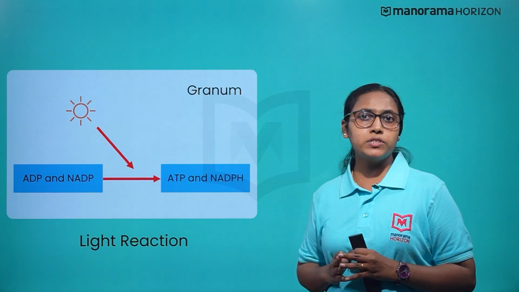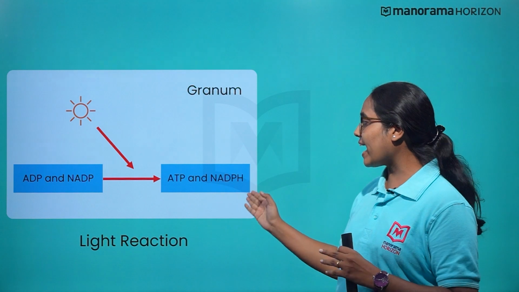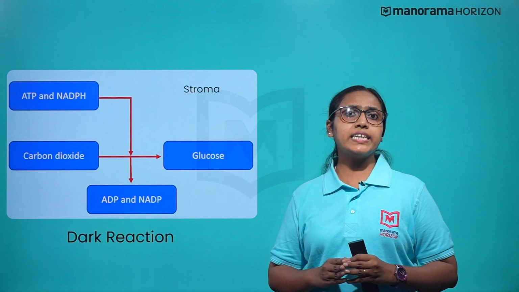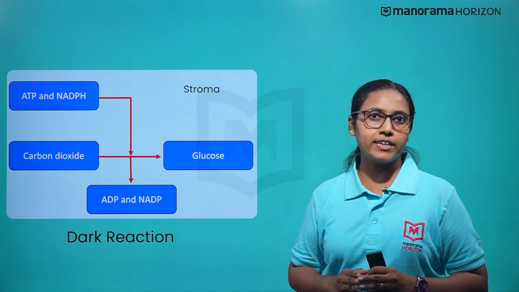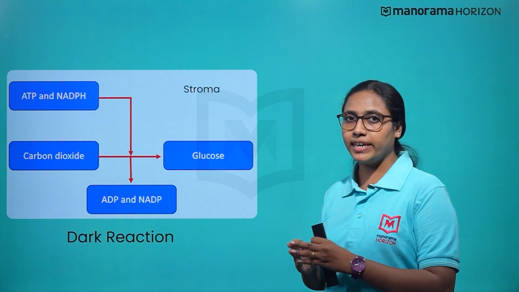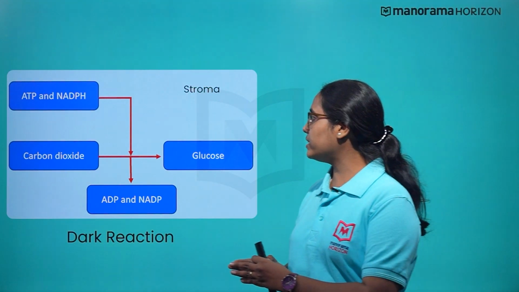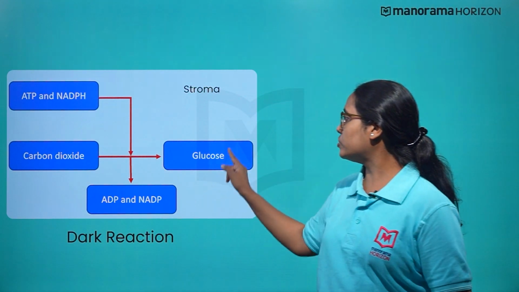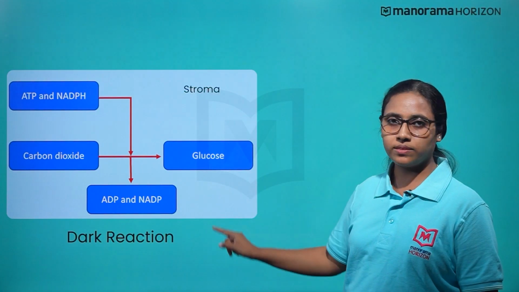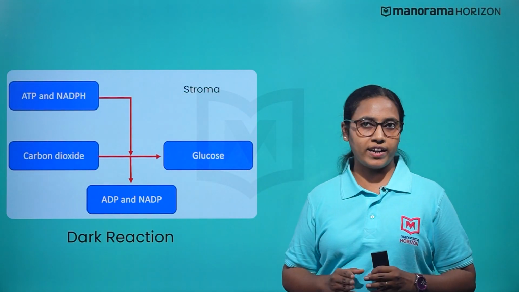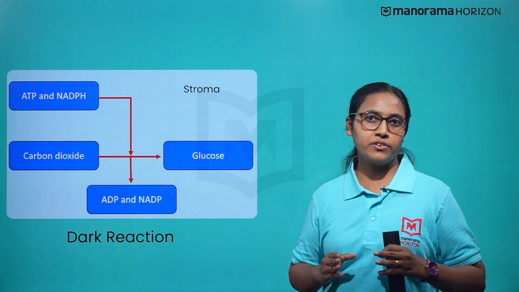So what happens to these ATPs and NADPH produced in the grana? Let's see. These ATPs and NADPH are utilized to drive the synthesis of sugar in the stroma. As you can see in this image, the ATP and NADPH are utilized to synthesize glucose, that is sugar. This reaction is independent of light and is known as dark reaction.